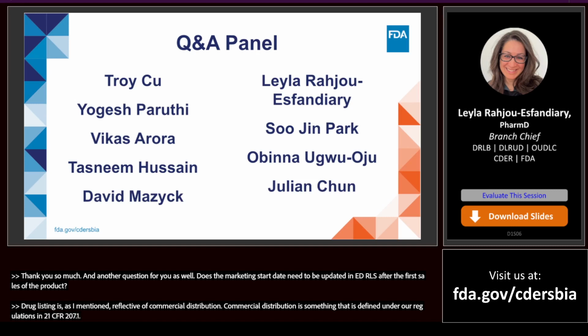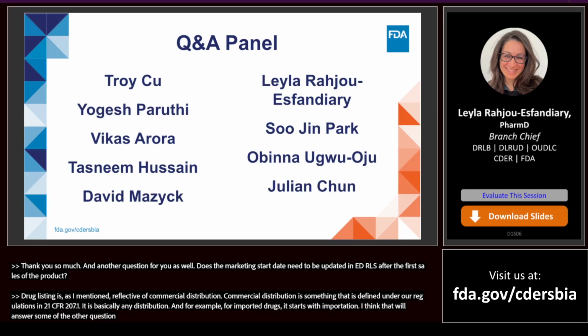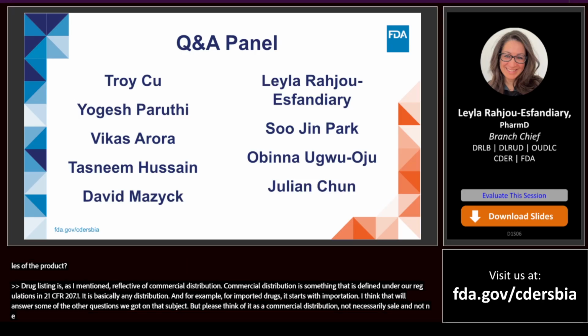For example, for imported drugs, it starts with importation. I think that will answer some of the other questions we got on that subject, but please think of it as commercial distribution, not necessarily sale, and not necessarily the marketing activities, but as it's defined under 207.1.